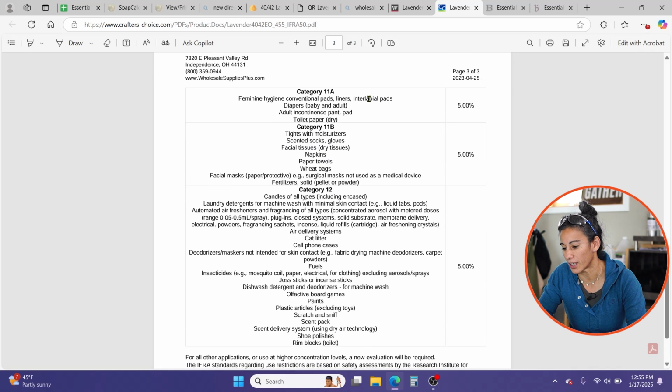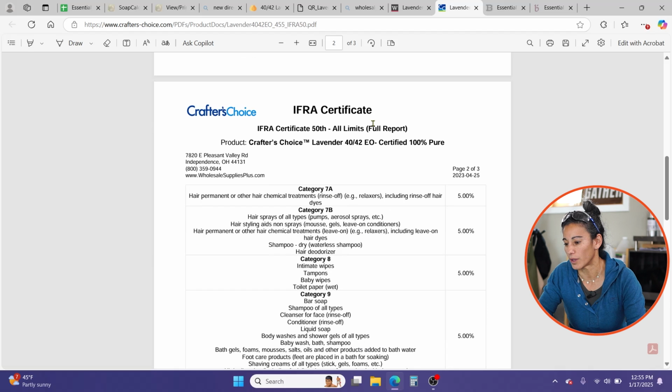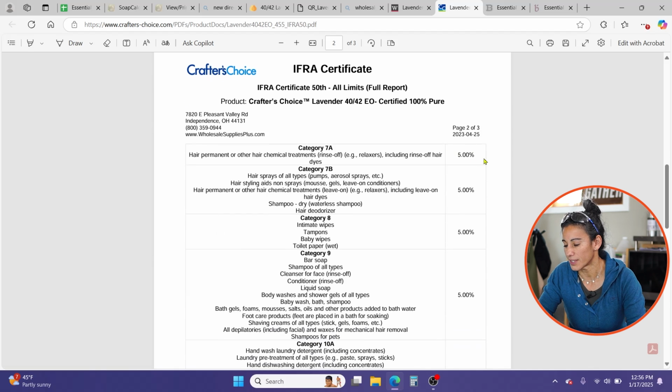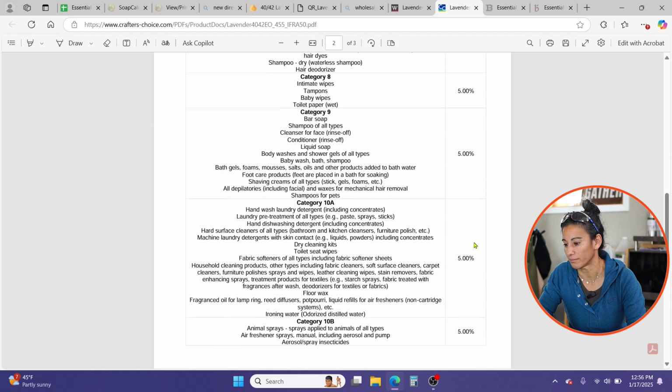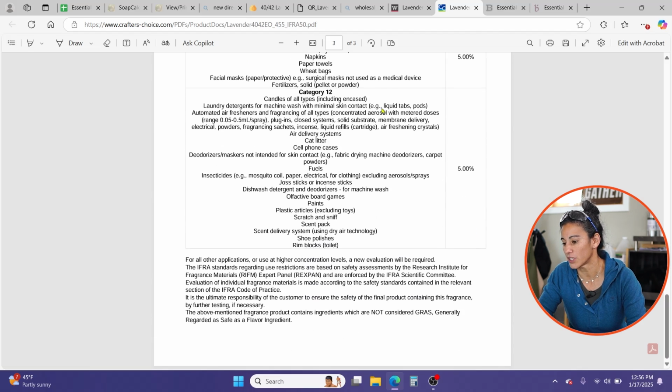So they've even got cat litter in there, cell phone cases. I mean, if you're not sure, this might actually be a good place to go. So they are saying that it's 5% for everything, which is interesting because IFRA says 100%, but they're taking into account the usage rate for your product.